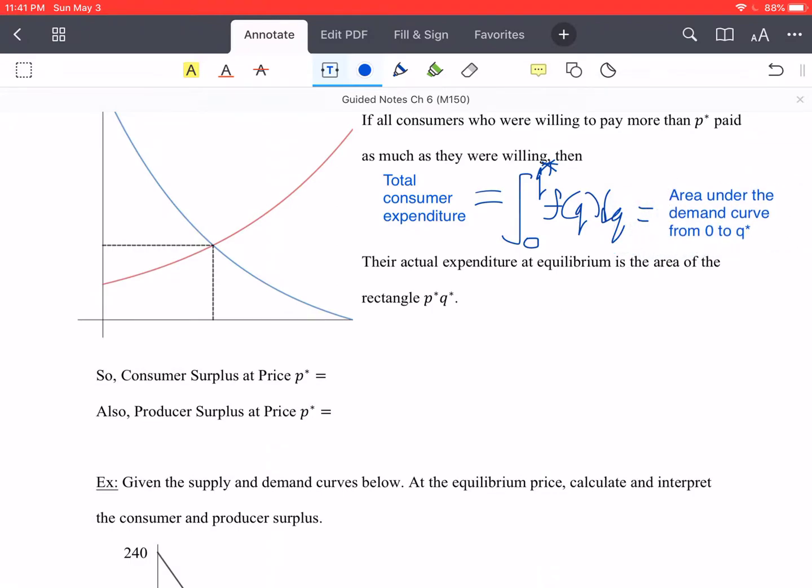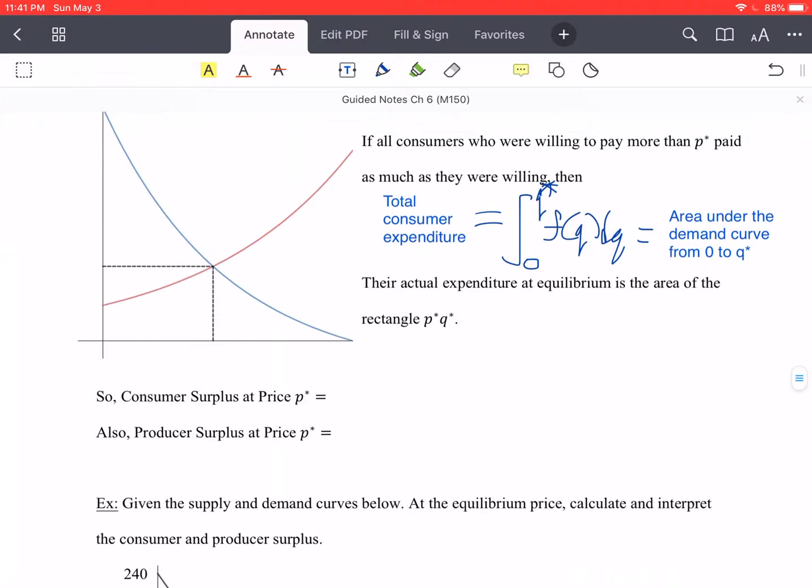Okay, so again, if consumers who were willing to pay more than equilibrium paid as much as they were willing to, then our total consumer expenditure would be the area under the demand curve from 0 to Q star. Okay, so let's visualize this on our graph here. So here's our demand function down here. So this is going to be P equals f of Q.